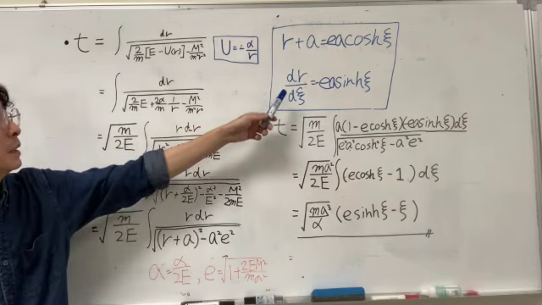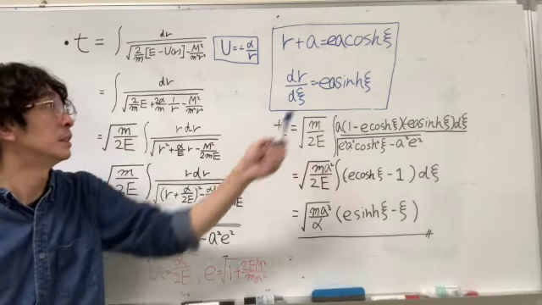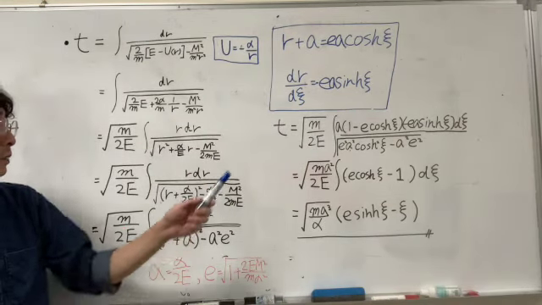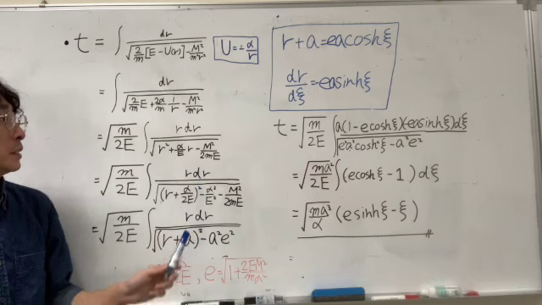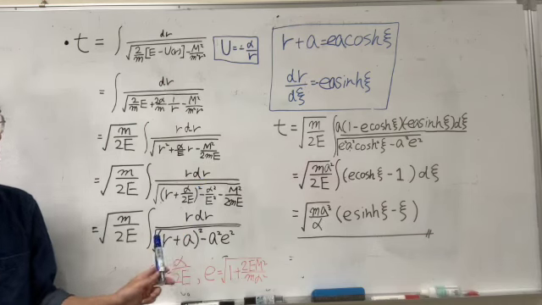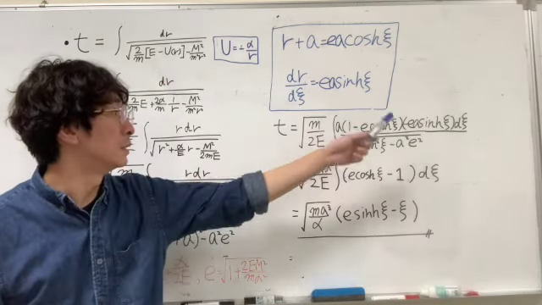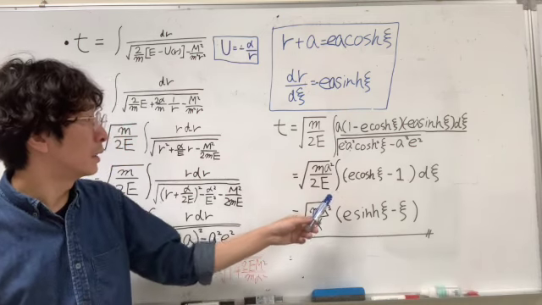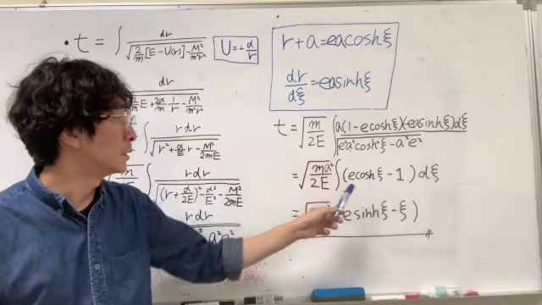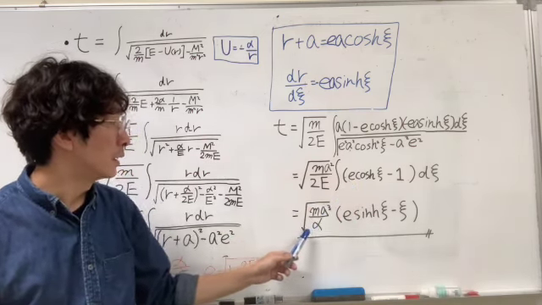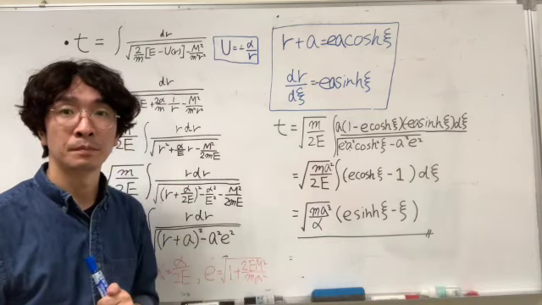At that time, we can calculate the differential of this one. Then we can insert this factor into this equation and simplify. Finally, we can get this equation, and by solving this integral, we can get this solution.